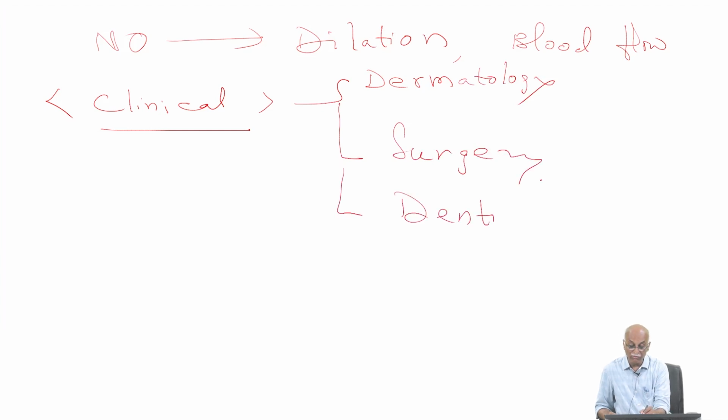For example, anti-inflammation: if some tissues get swollen, then by using this and improving the blood flow, the healing can improve. So, dentistry, treatment of oral tissues basically.